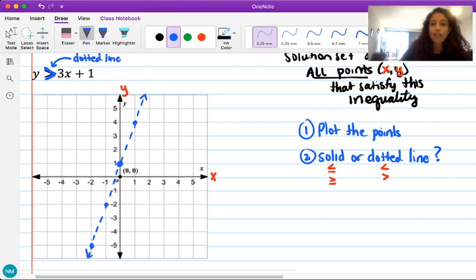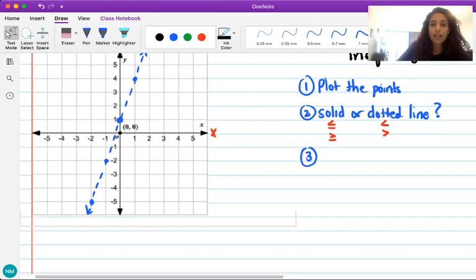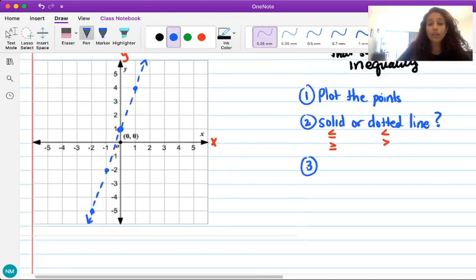And then third, we have to shade, the same way we shaded here. But we need to shade one way or the other, and in order to know that, we're going to test a point. Here's what you want to catch.